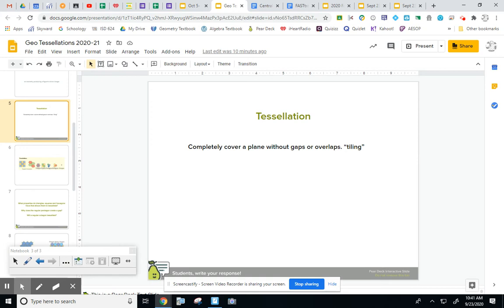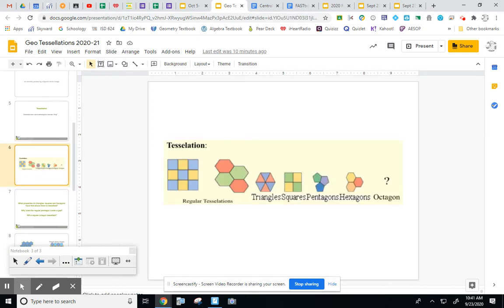So there are a couple of shapes that tessellate and a couple of shapes that do not tessellate. Okay, so obviously squares, for example, the tile on the floor, or the tile in your house, fits together nicely, it tessellates. Also, a hexagon.